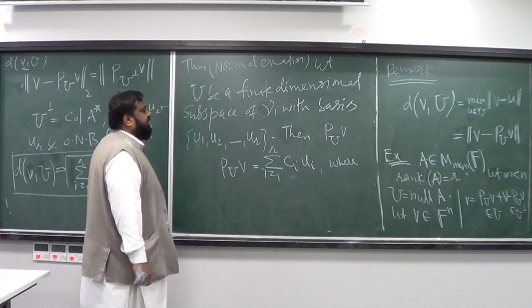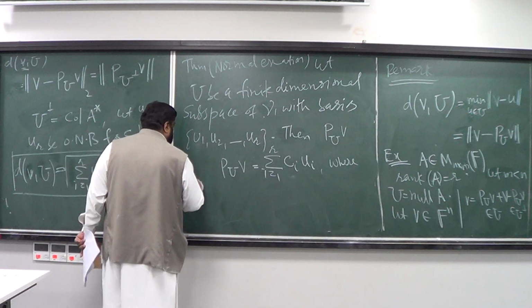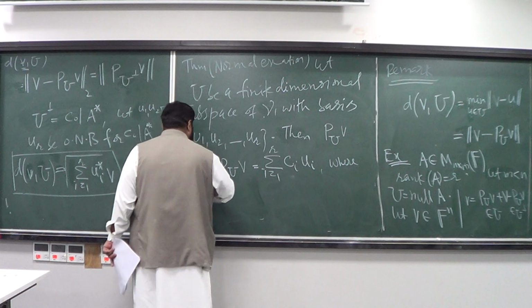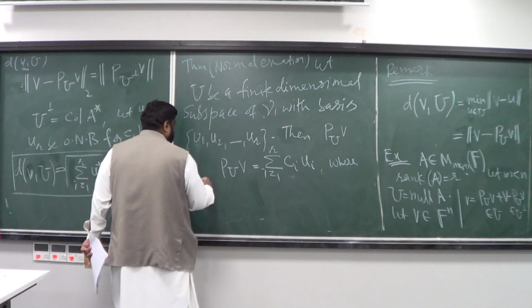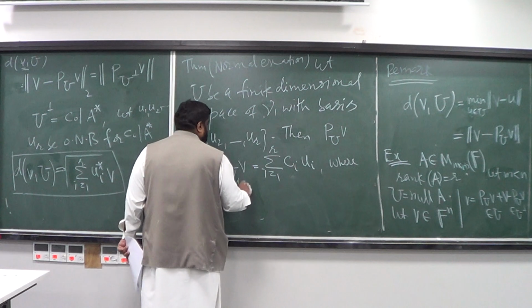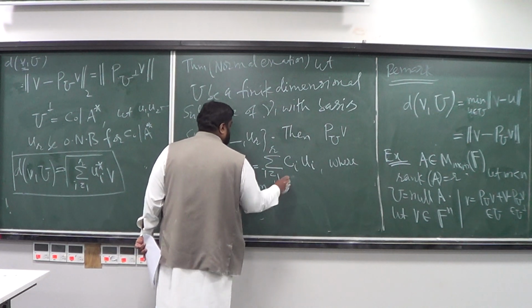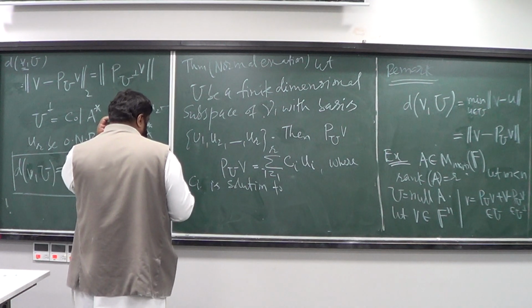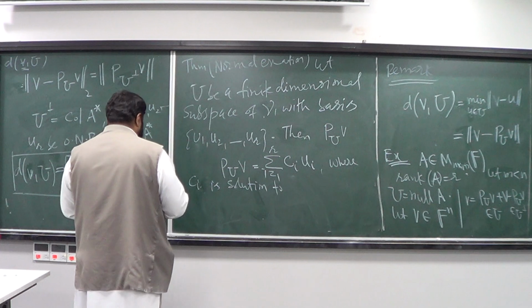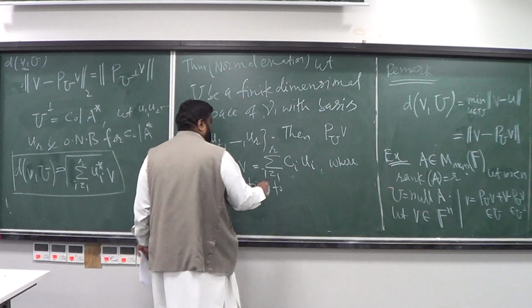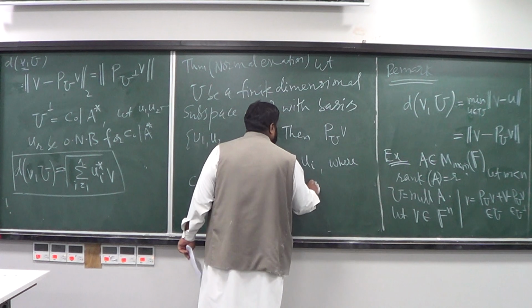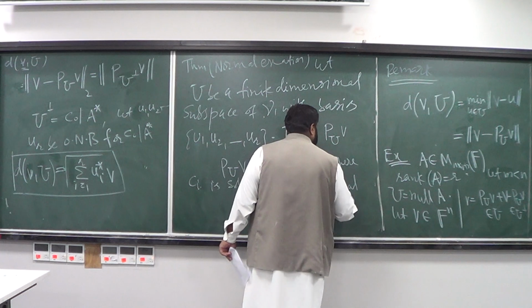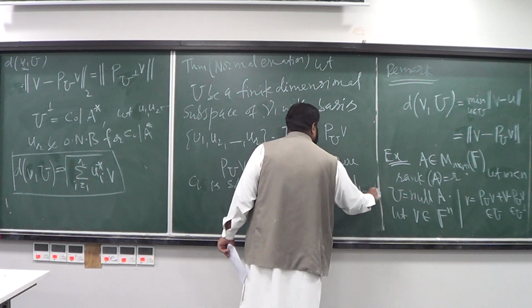You can very easily find these c_i by solving the following system of equations, which we call the normal equations.